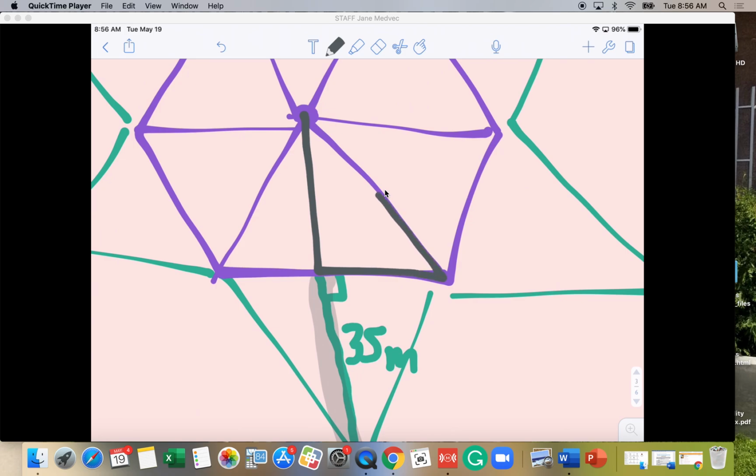So now I'm looking at just this triangle, and this becomes 30, this becomes 60. The bottom also becomes 30, because the whole bottom is 60, and I divide it by 2 to get 30.